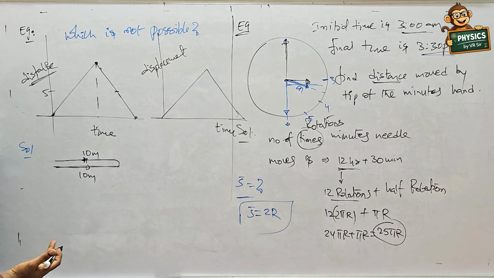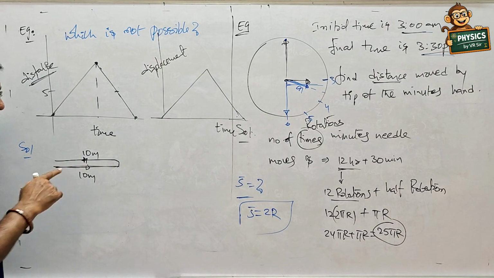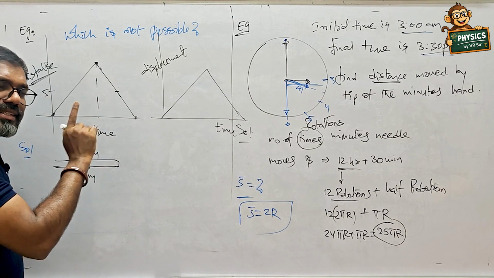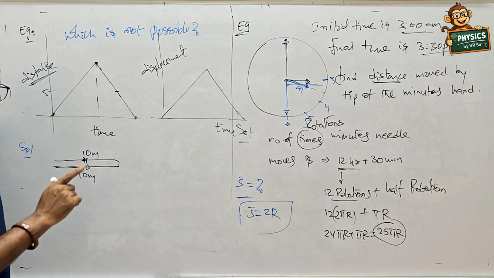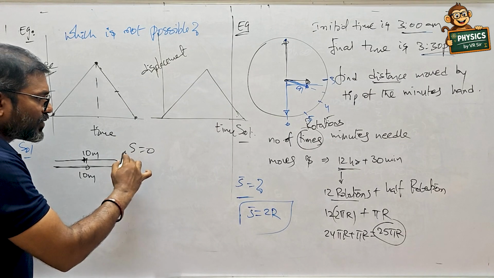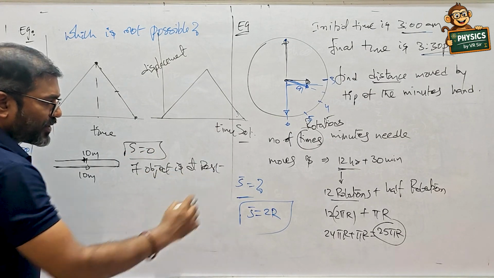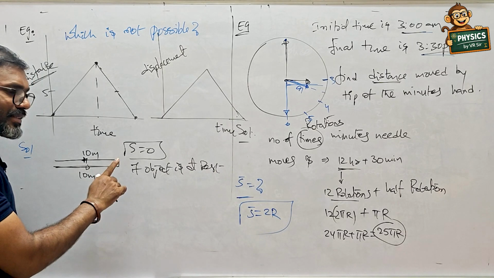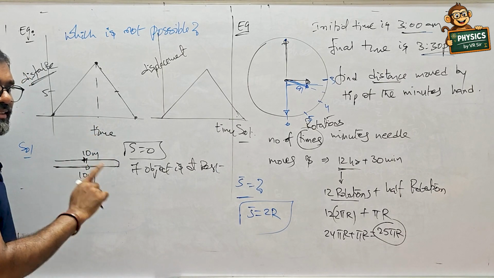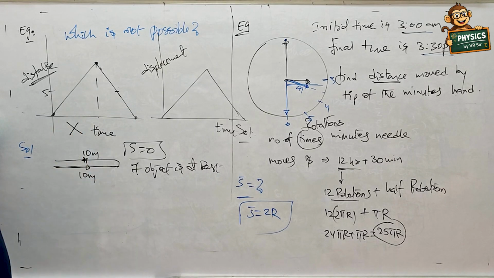How is it possible? Whichever direction the object moves, the distance keeps on increasing only. It never decreases once it starts moving. Distance is 0 only if the object is at rest. Once the object starts moving, distance never decreases. Please remember, and that is the reason this is not a possible graph.